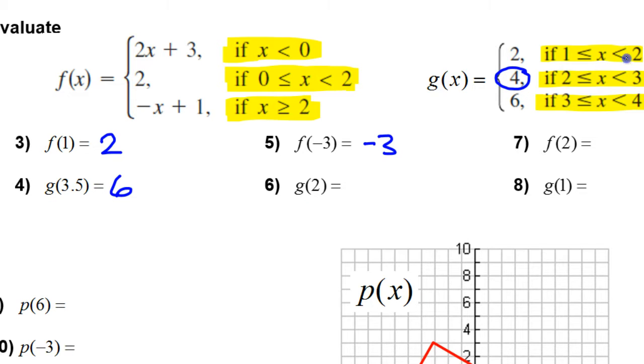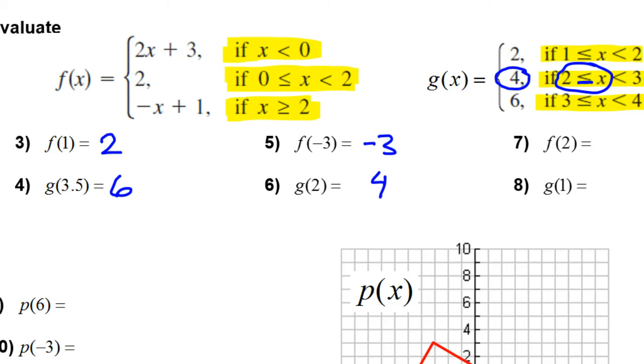You see the 2 in the first piece and the second piece. So how do I know which one to use? Because of the or equal to part. We're going to use this piece if 2 is less than or equal to x, which is less than 3. So because of the or equal to part, if x equals 2, then this is what we're going to use. So that's why the answer is going to be 4.